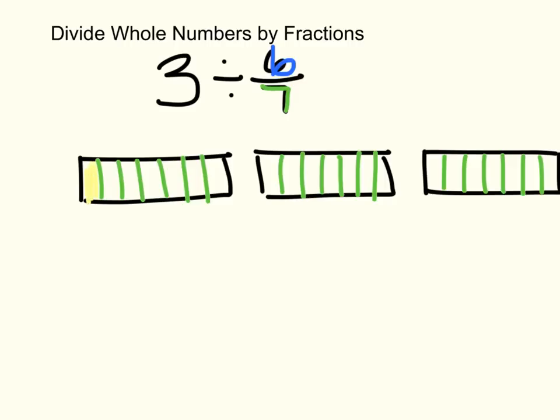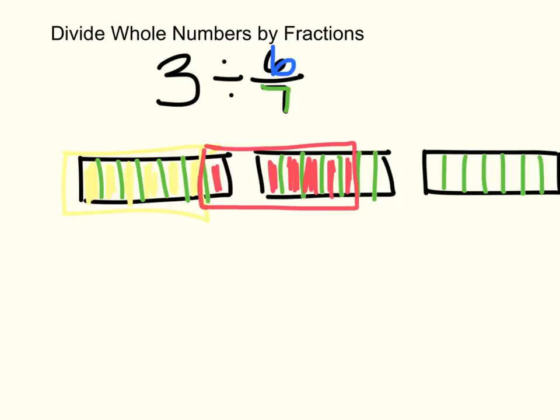Here's 1, 2, 3, 4, 5, 6. So I have my first whole group right there. I'm going to keep going. 1, 2, 3, 4, 5, 6. I have my next full group of 6 pieces here.